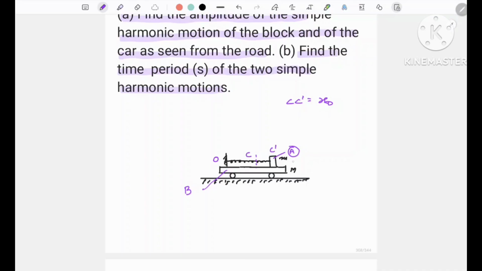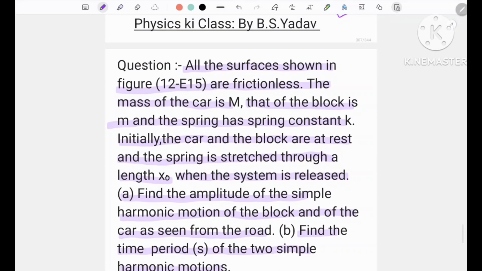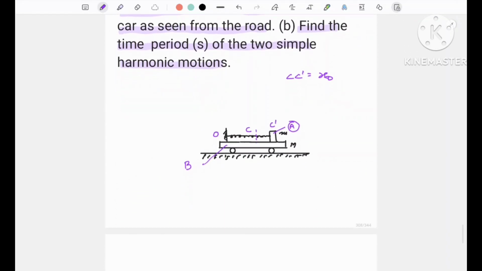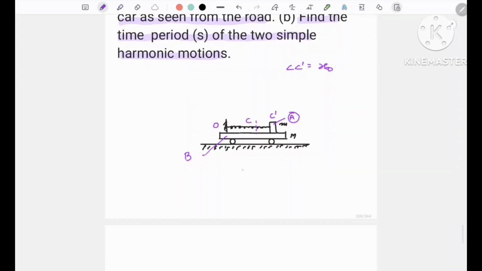The system of spring, block and car: there is no horizontal force acting on the system, hence the horizontal component of the center of mass will remain at the same point. It means if we look at delta x cm, in any condition delta x cm will be 0.